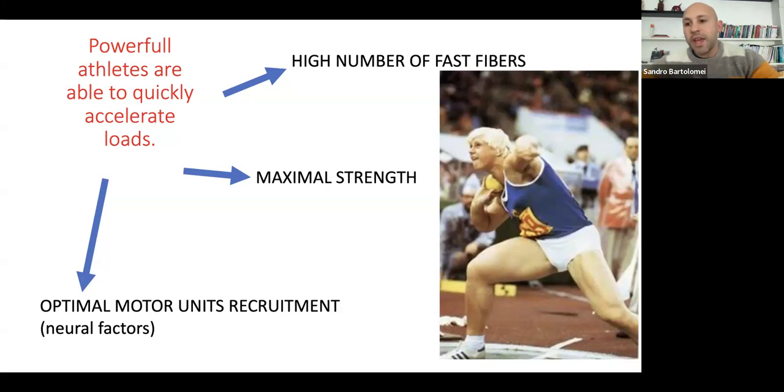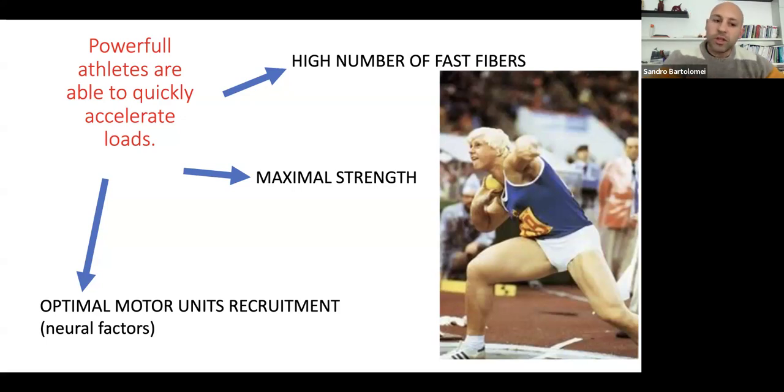But in order to obtain the optimal activation of the muscle, both in maximal strength and power, you need an optimal motor unit recruitment. Because the motor units composed by fast fibers are characterized by the highest threshold of activation. So in order to be able to activate, to use that kind of motor units, you need to be able to properly recruit them by a very high firing rate.